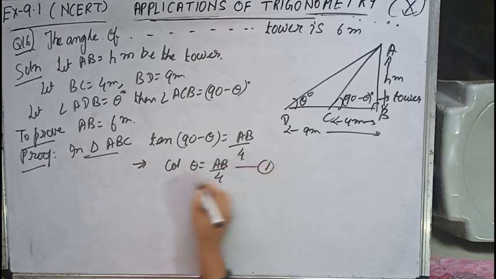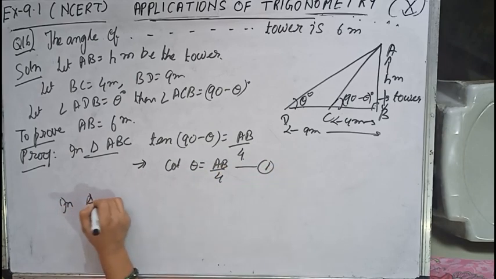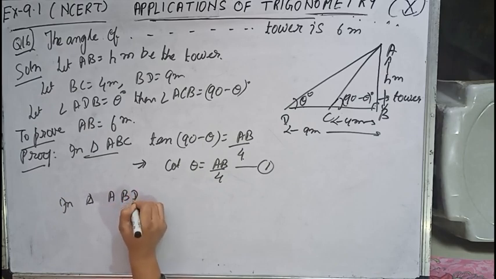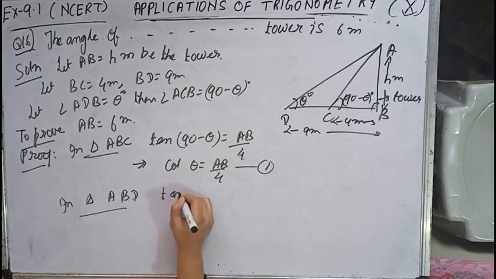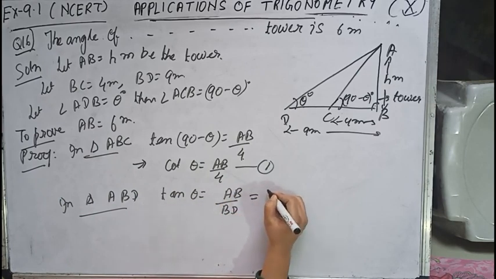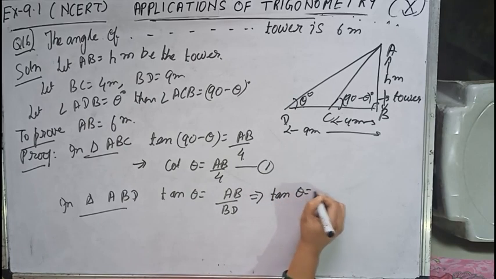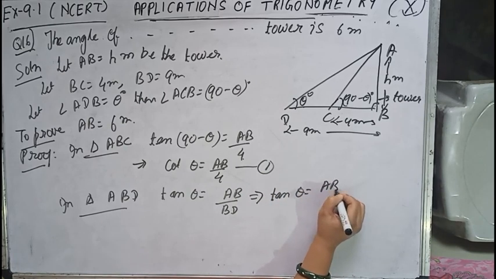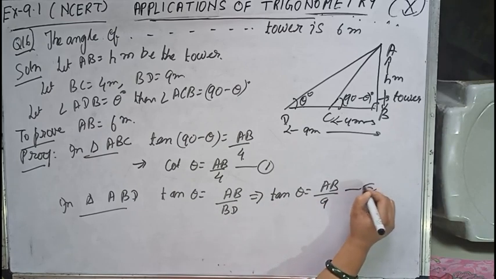Let us make it equation 1. And in triangle ABD, tan theta equals AB by BD. Now this implies tan theta equals AB by 9, as BD length is given as 9.